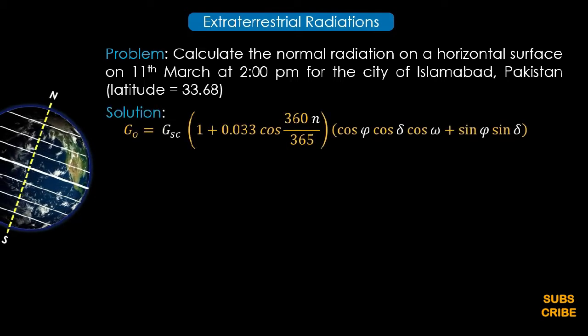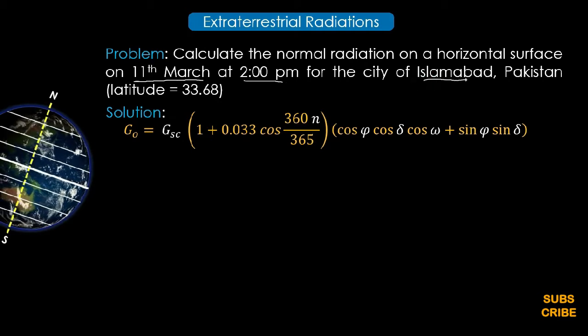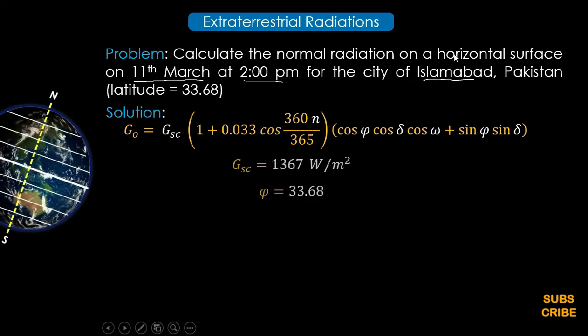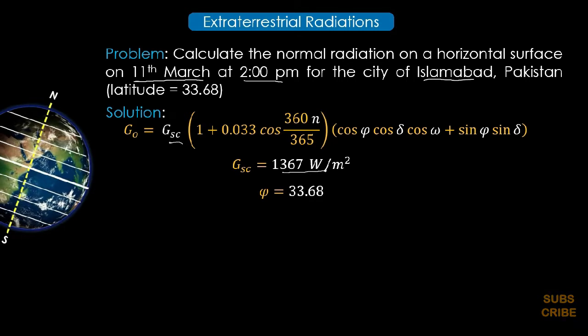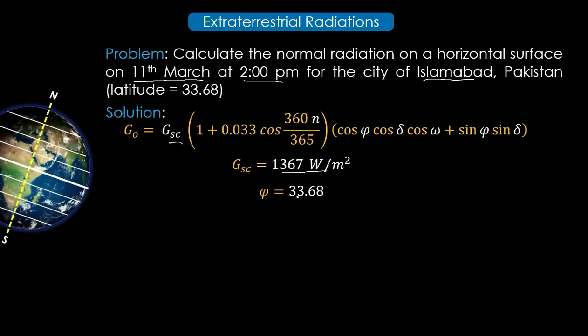The day on which we have to calculate is 11th March, the time given is 2 p.m., and the location is Islamabad. So we have the known values: the solar constant, whose value is 1367 watt per meter square, and the latitude, 33.68.